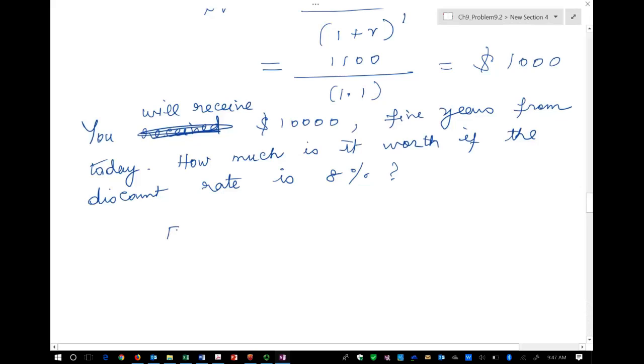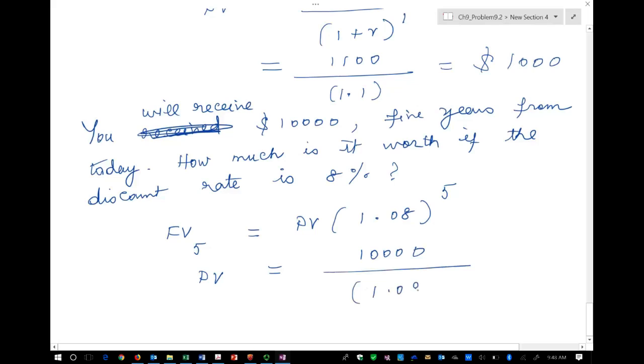So, future value at the end of 5-year period is present value times 1.08 raised to the power 5. So, present value is equal to 10,000 divided by 1.08 raised to the power 5.